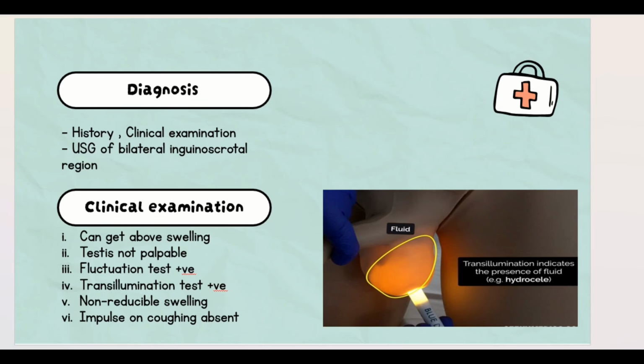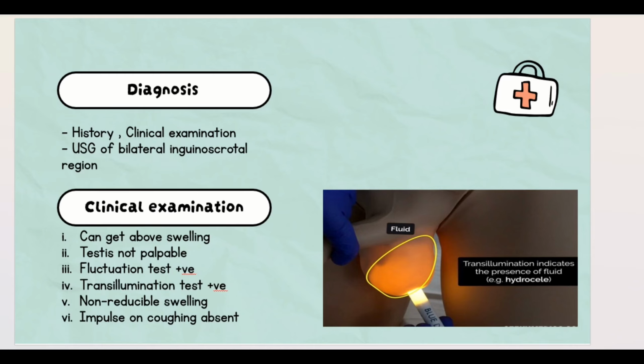Here we can see how transillumination test is done. It is performed in darkness. A pencil torch is placed laterally over the swollen scrotum and there will be a red glow appearing throughout the scrotum, indicating presence of clear fluid inside the scrotum.